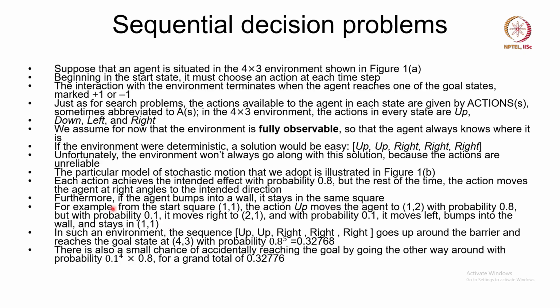So if it starts from 1,1, the action up moves the agent to 1,2 with probability 0.8, but with probability 0.1 it moves right to 2,1, and with probability 0.1 it moves left, bumps into the wall and stays in the same place.